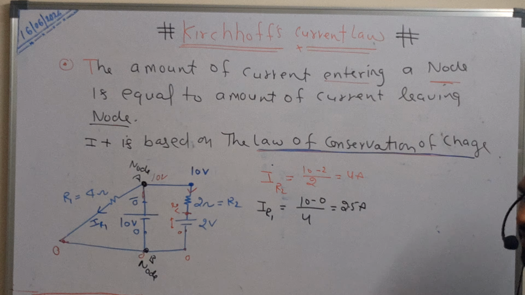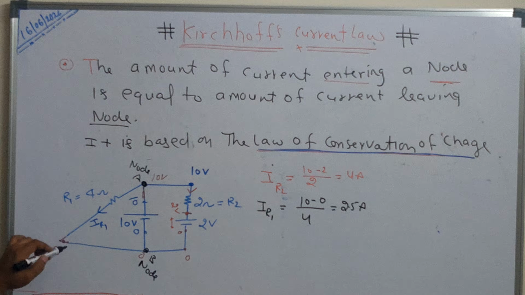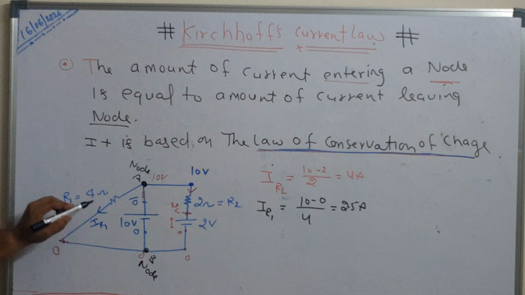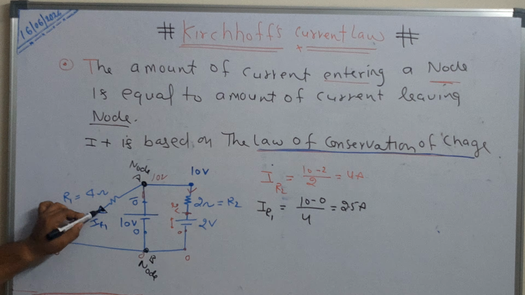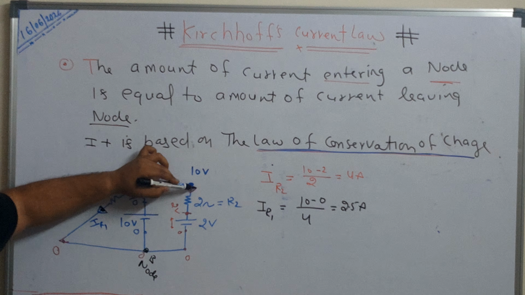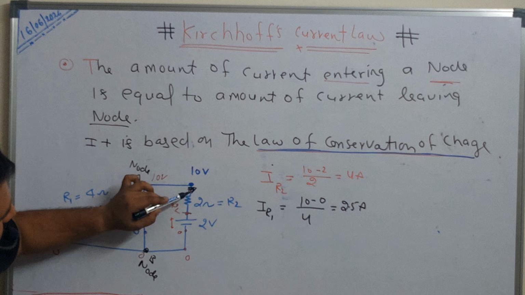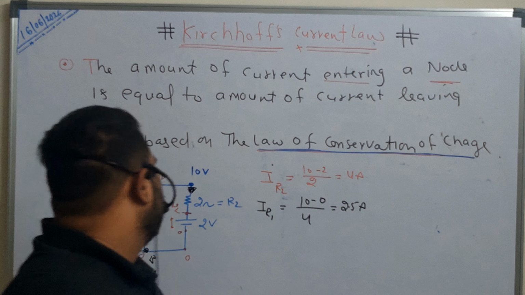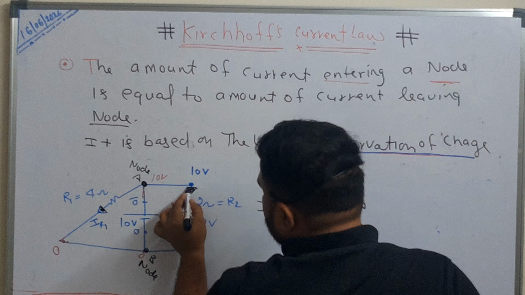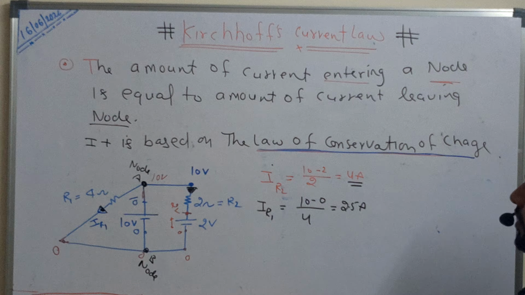The current in resistance R1 is in this direction, IR1, that is 2.5. The current in the R2 resistance is in this direction, that is 4 ampere.